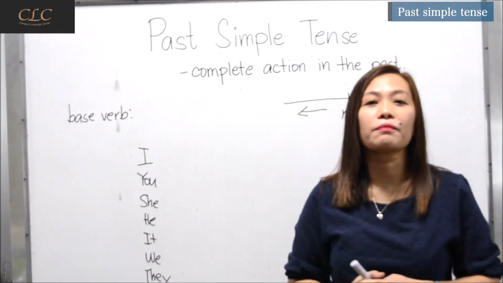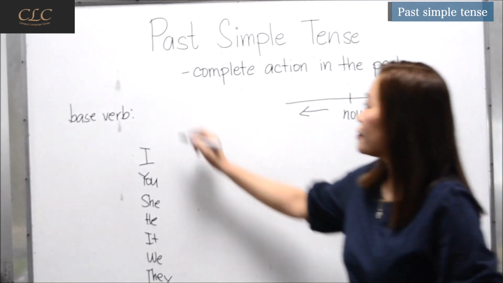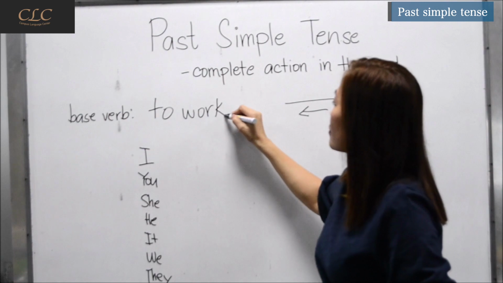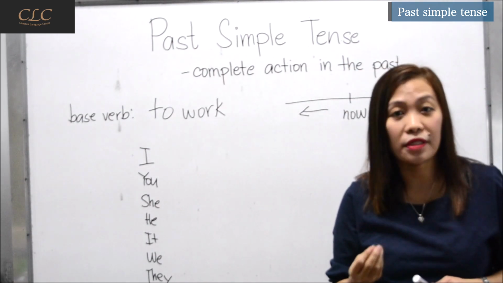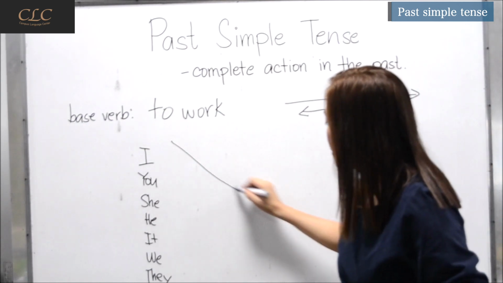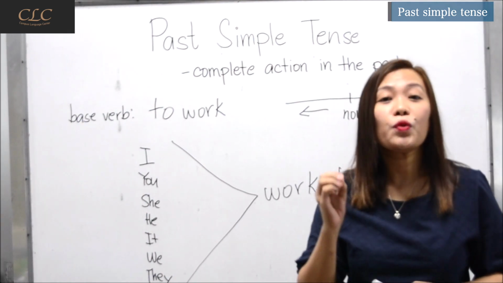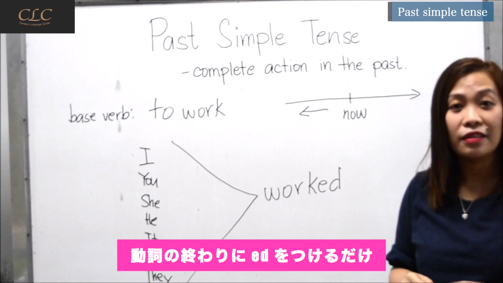For example, our basic verb is to work. In the past, we just say worked. What did we do? We just add the letters ed at the end.